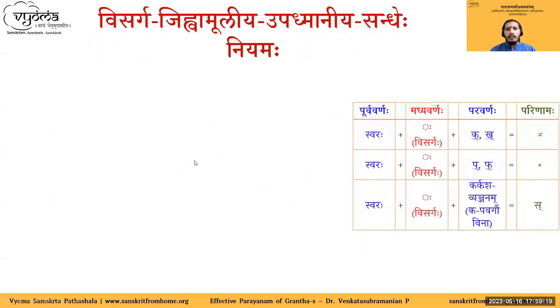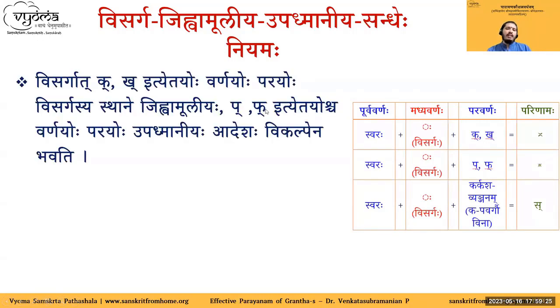Next, jihvamuliya and upadhvaniya. Visargate इत्येतयोर् वर्णयोः परयोः विसर्गस्य स्थाने दिक्वामूलीयः आदेशः भवति अथवा विसर्गात् प इत्येतयोः वर्णयोः परयोः उपध्मानीयः आदेशः भवति.